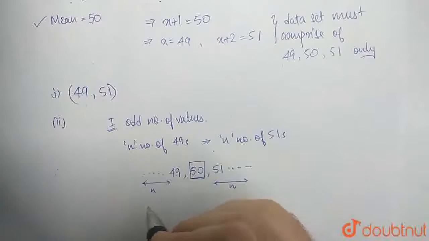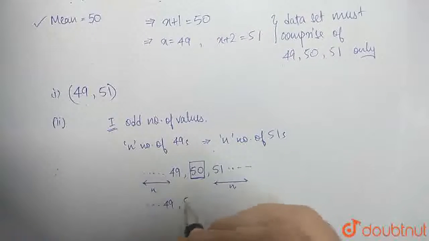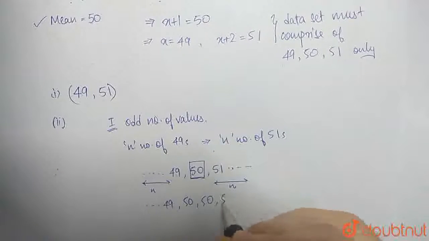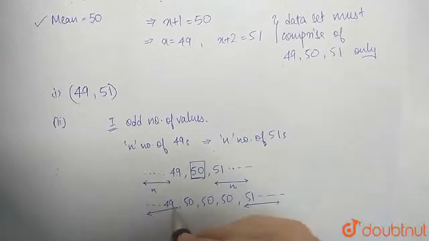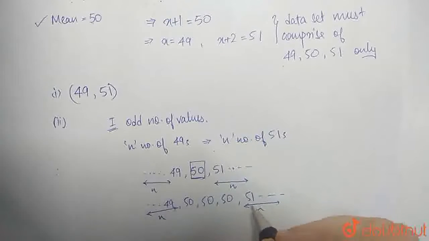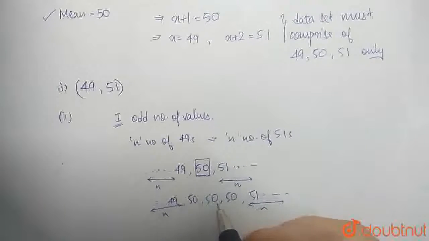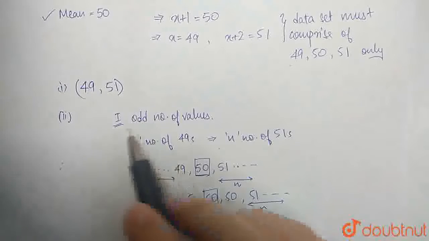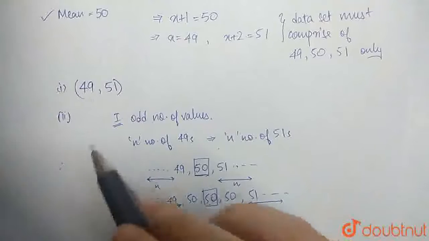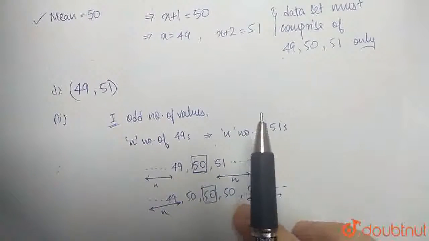It can also be 49, 50, 50, 50, 51. Again, n number of 49s and 51s, an odd number of 50s, and the centermost value is still 50. So in this case, statement 2 is always true.